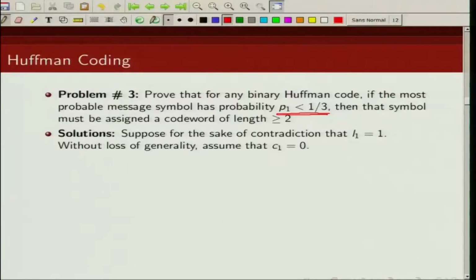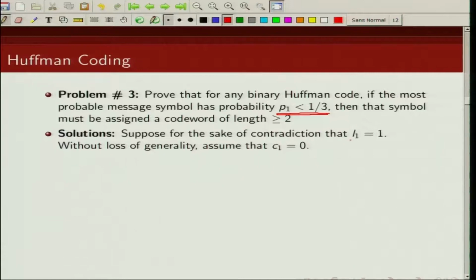We will show that it is not possible for it to be assigned a code word length of 1. Hence, we will prove that it requires at least a code word of length 2.